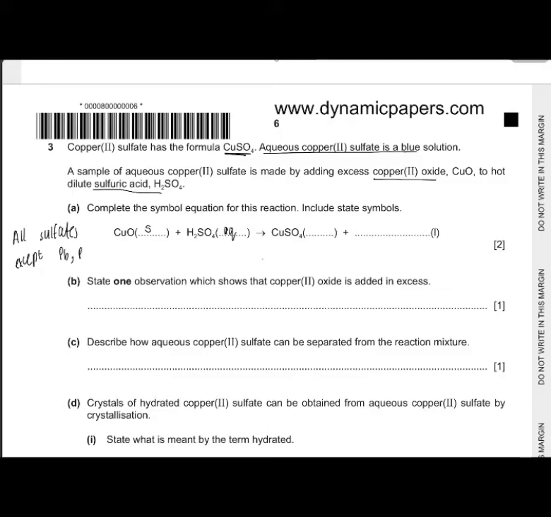Lead, barium, calcium, even mercury, but we don't usually get mercury. So copper sulfate is soluble in water. That makes it aqueous. Here we have to write the missing product, which is H2O, water.